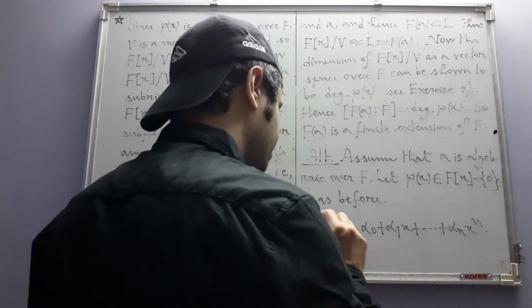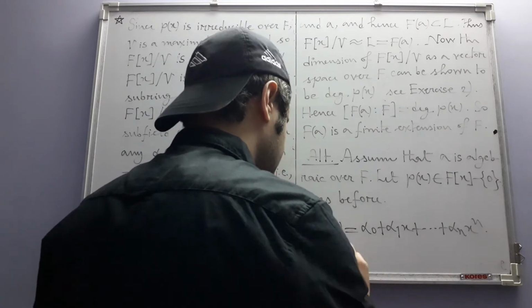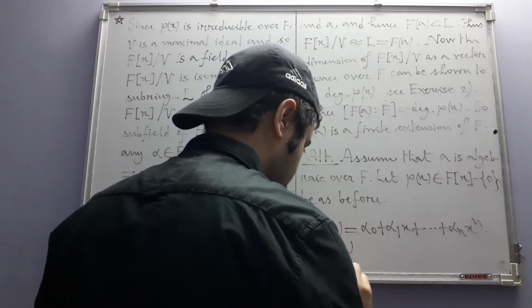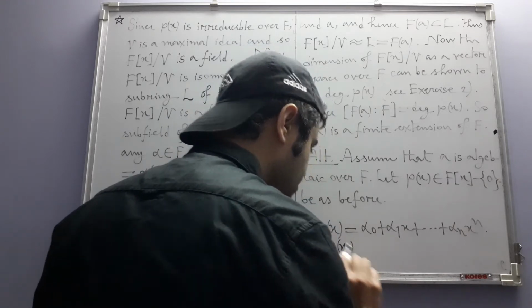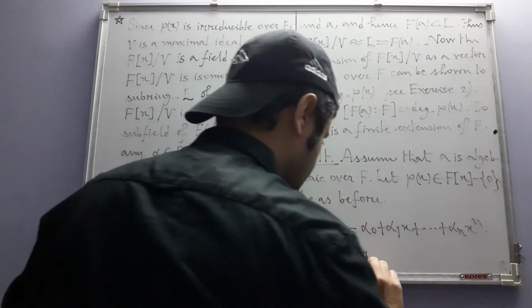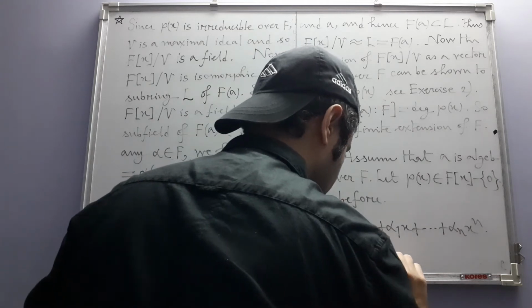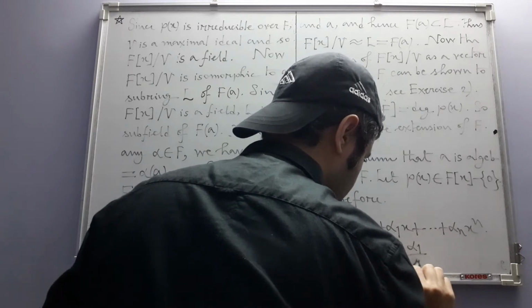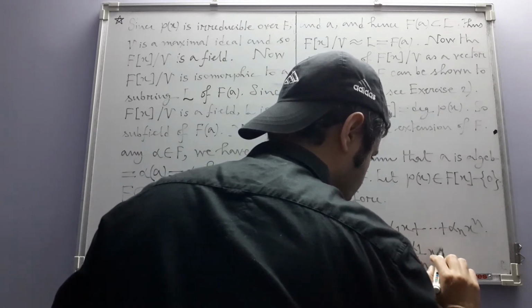Now if instead of considering px you consider this polynomial divided by alpha n, so that your new polynomial is this.